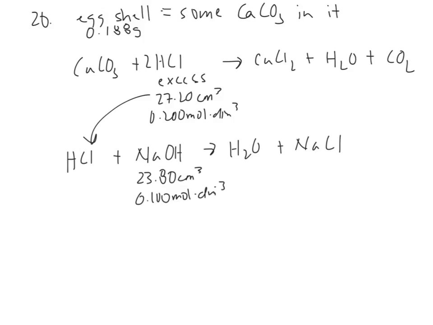becomes calcium chloride. So then to find out how much HCl actually reacted with the calcium carbonate, now we have to add NaOH to this excess HCl and see how much NaOH reacts. So this makes sense. We do two different reactions. We put extra HCl in to try and get all the CaCO3 to become CaCl2.